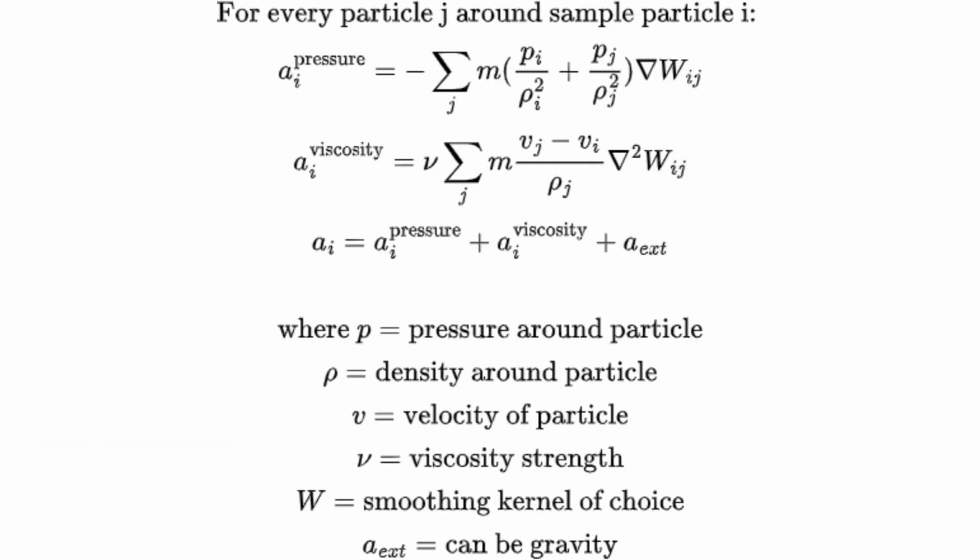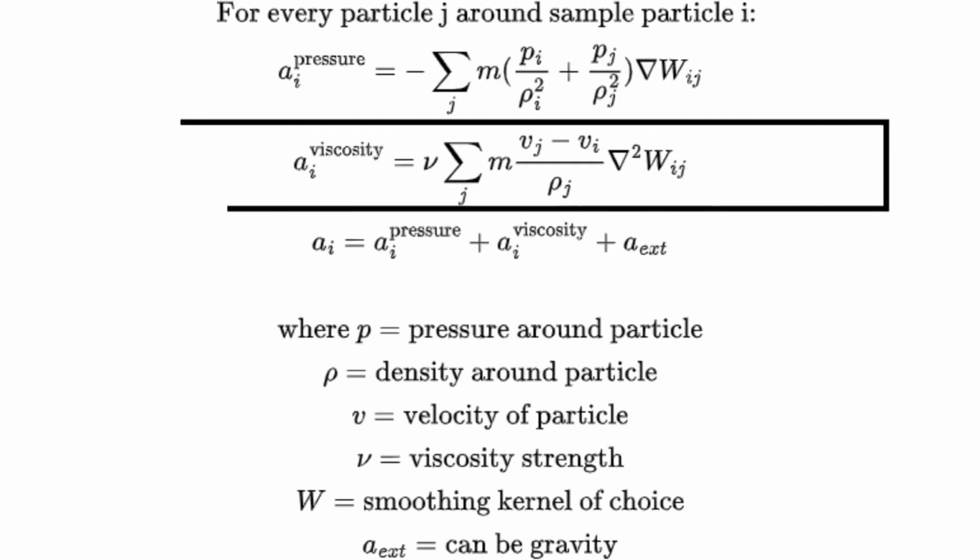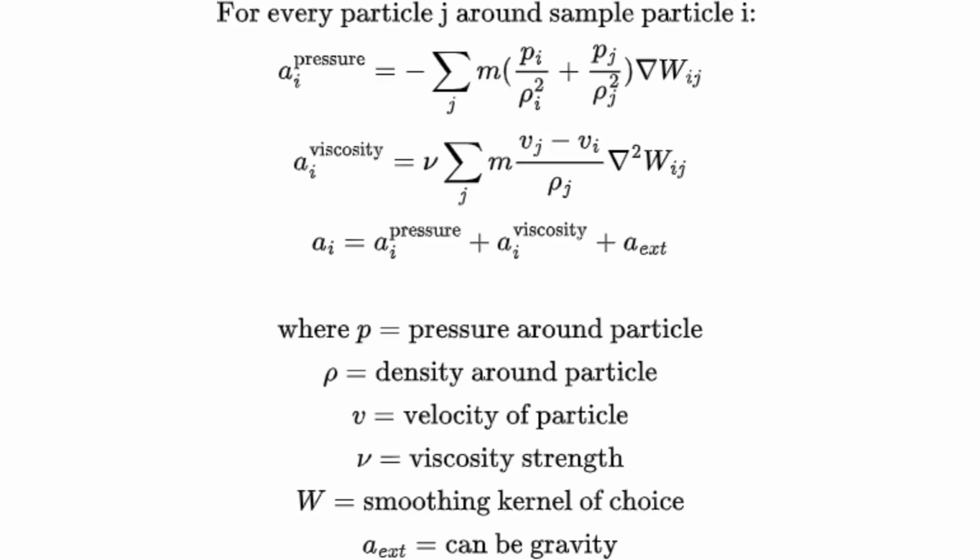And the viscosity is going to be equal to viscosity strength times the sum over all particles j around this particle i, of the difference between the two velocities, divided by the density of particle j, times the Laplacian of a smoothing kernel. This kernel is actually different from the pressure kernel, because you have to use a specific viscosity kernel instead.